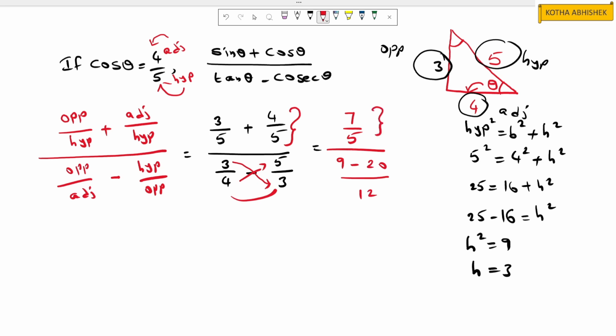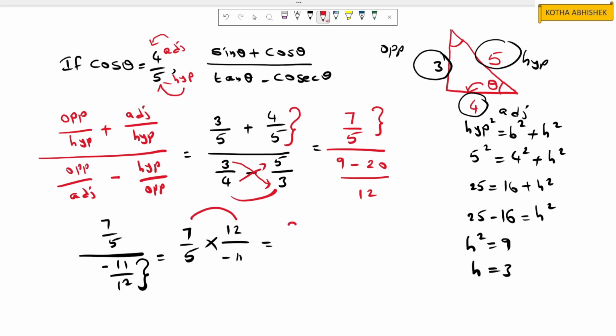Writing this numerical part as it is, that is 7 by 5 whole divided by 9 minus 20, minus 11, divided by 12, which is equals to 7 by 5 as it is, into the reciprocal of this denominator part, so 12 by minus 11. Multiply both the numerators and multiply both the denominators. Here 7 into 12 or 12 into 7 is 84, divided by 5 into minus 11, minus 55. 84 by minus 55 is the same as minus 84 by 55.